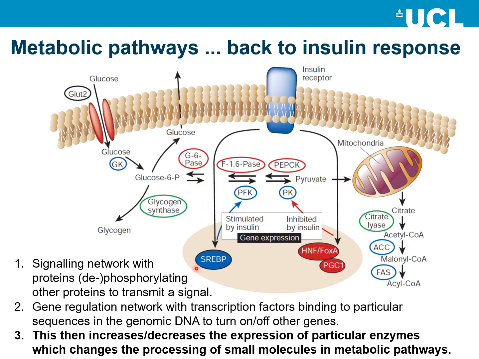So that's how the gene regulation links with the metabolic pathway, and the metabolic pathway is small molecules being converted to other small molecules by different enzymes being increased in expression or decreased in expression.